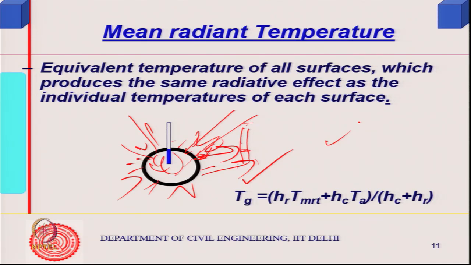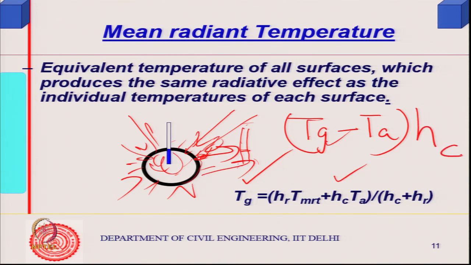That we take care of in terms of Hc, which is the surface conductance of this particular globe. So the equation will be (Tg minus Ta) into Hc, that is the loss. Tg is higher, and that must equal whatever I am receiving.